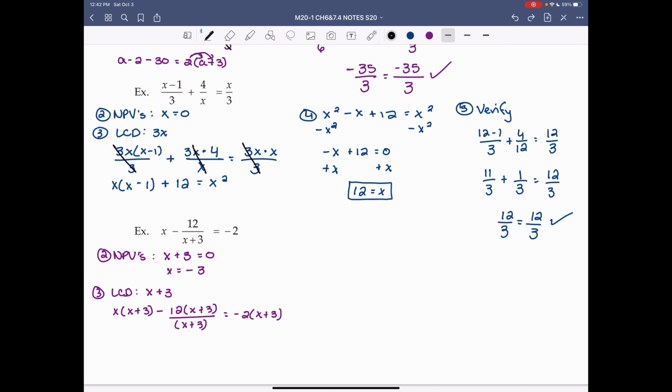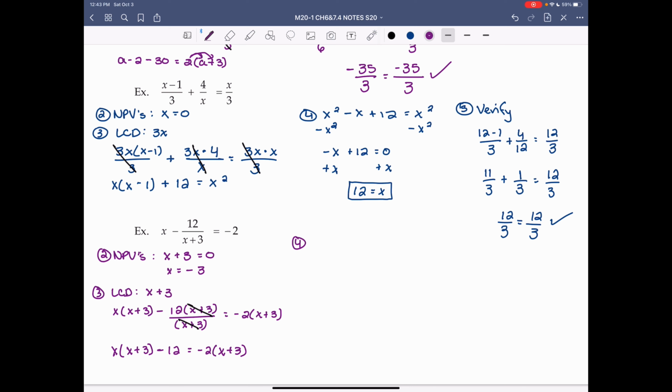In our second fraction, x plus 3 and x plus 3 divide to 1. We are left with x times x plus 3 minus 12 equals negative 2 times x plus 3.